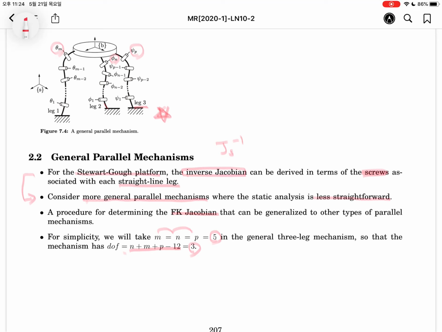So let's assume that the first joint of each of the 3 legs will be activated. The other joints will be passive. We don't know the joint angle information of the passive joints. So the passive joint angle or velocity will be determined from the active joints. It will make the problem difficult.